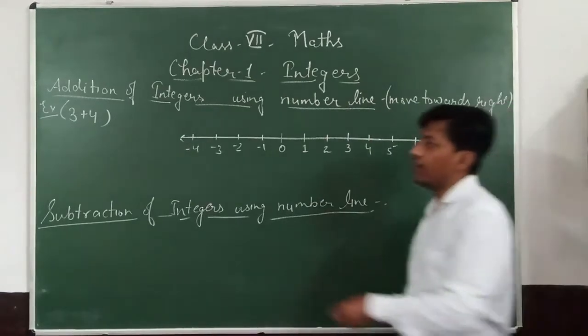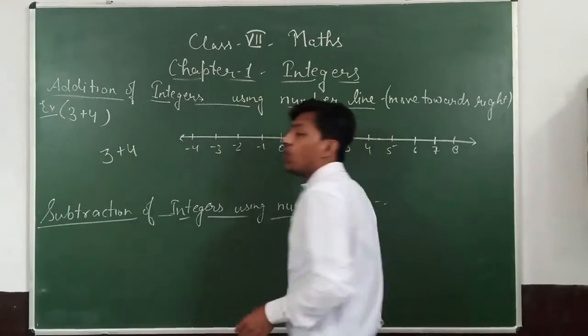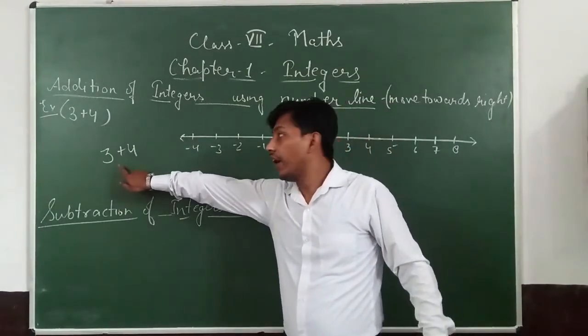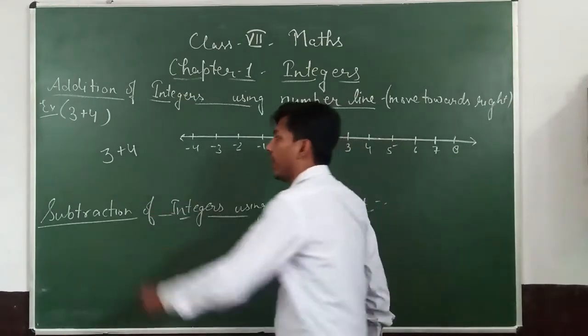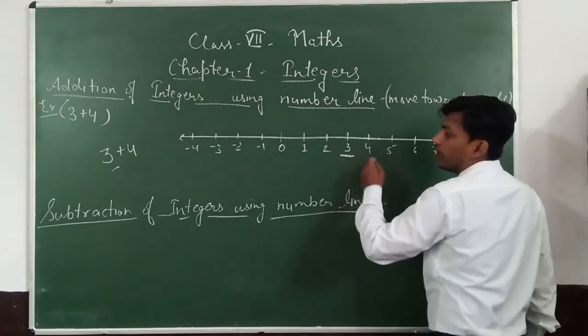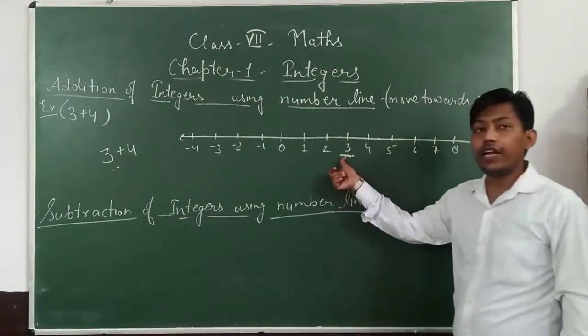We have to add 3 plus 4. First go to 3. Find where 3 is located on the number line. We are talking about positive 3, so 3 is located here.